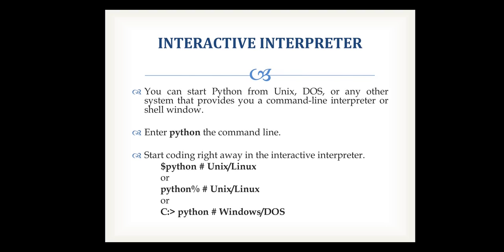But in Windows it will look like the C drive, then python, DOS. So it will look like it. After that you can start to write your program or lines of statements that you want to execute. So this is one way, okay, that is the interactive interpreter.